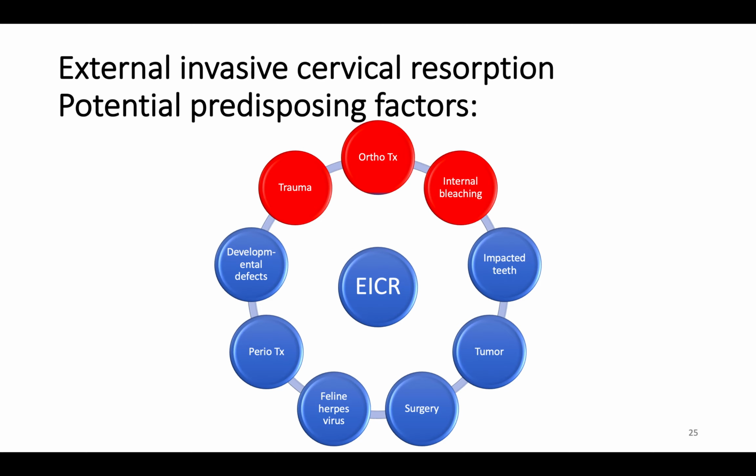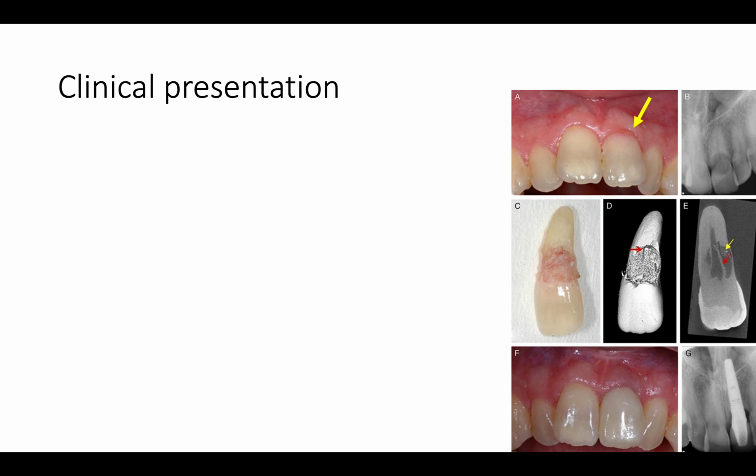A patient who had maxillofacial surgery or tumor removal, or patients who have impacted teeth that have been extracted with surgery. These factors can cause damage to the root surface and result in external invasive cervical resorption.